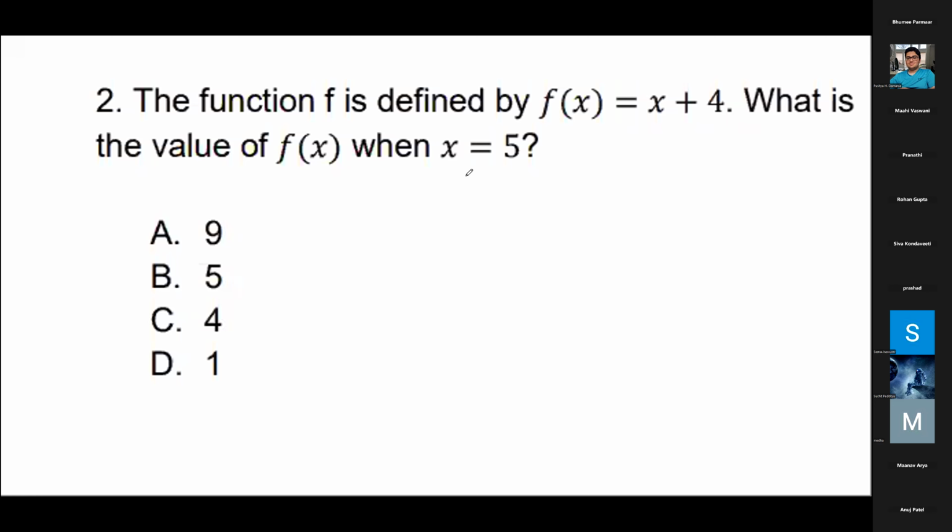What is the value of f of x when x is equal to 5? 5 plus 4, that's 9. So the correct answer is A.